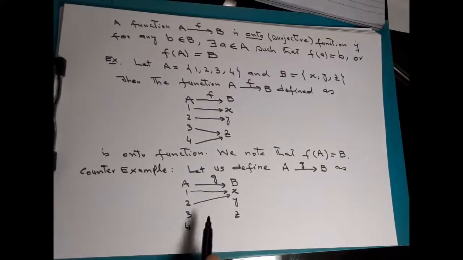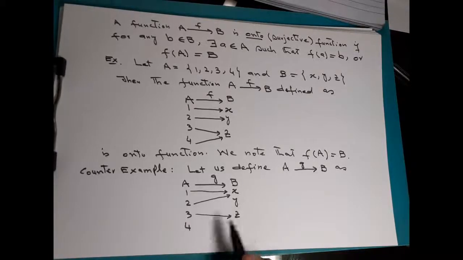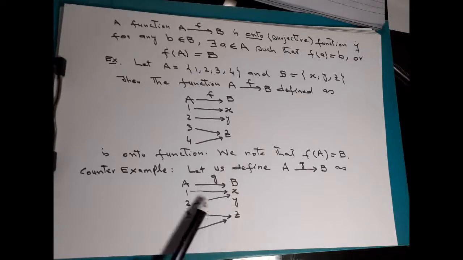Let this function take 3 to z and 4 to z as well. So note that this function is not onto because this element y of B is not image of any element of set A.